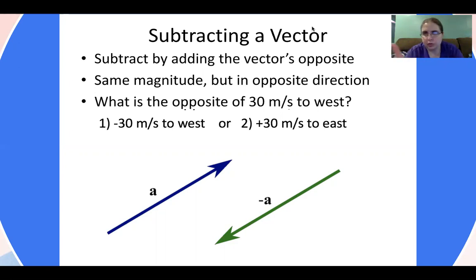And that's just what we're talking about. Opposite directions, you put it as a negative sign. Because positive and negatives show direction, not value.